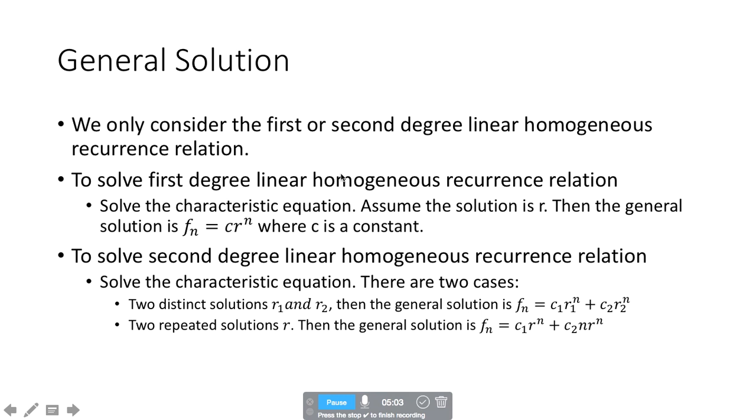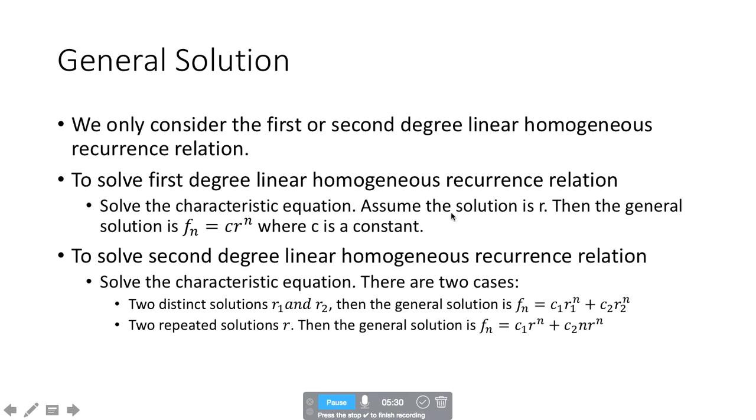Then we need to understand how to find the general solution. Like I said, we only consider first or second degree linear homogeneous recurrence relations. To solve the first degree one and get a general solution, we solve the corresponding characteristic equation.